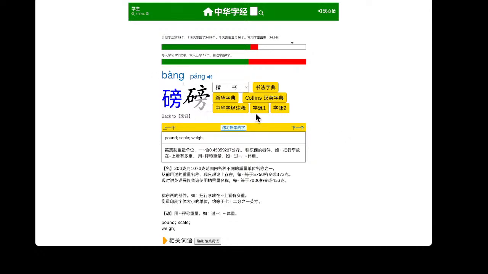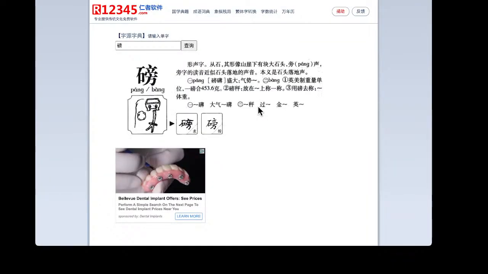Okay, so this is 磅. Let's take a look at this character. Now this one, you can see that it has a stone on the left hand side.